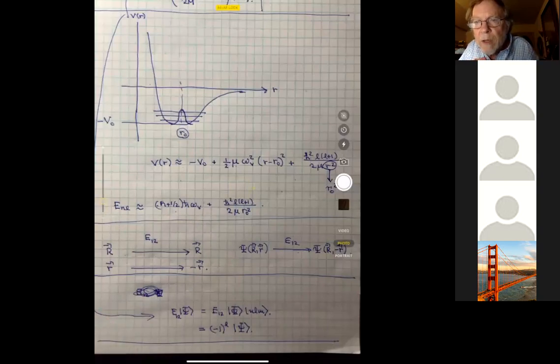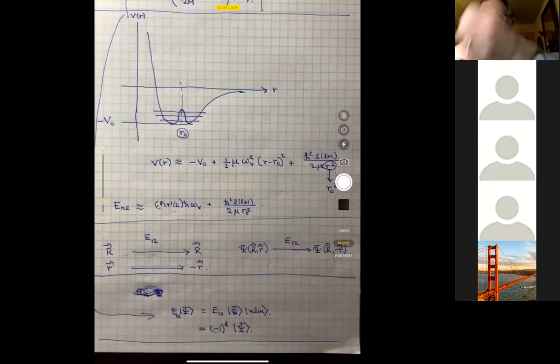Now, however, there's an interesting physical fact, which is that in the case of the actual carbon-12 diatomic molecule, the states of odd angular momentum L equals 1, 3, 5, and so on, do not exist. The carbon-12 molecule only has even L's, L equals 0, 2, 4, and so on. The missing angular momentum states, so this is the diatomic molecule, it rotates, right?